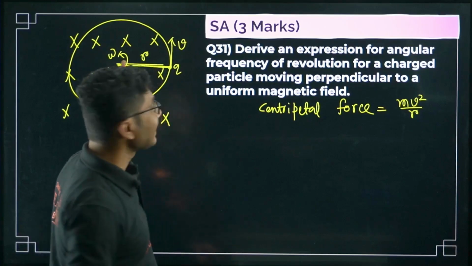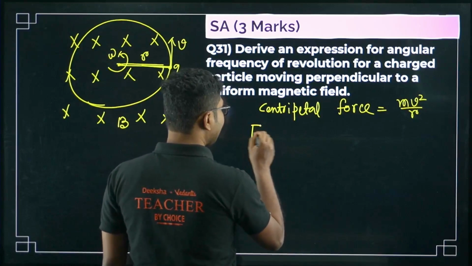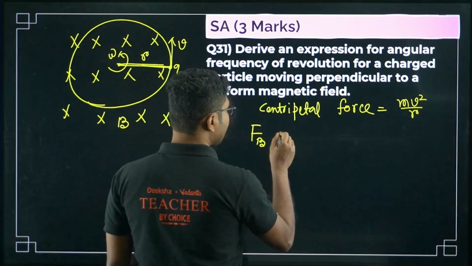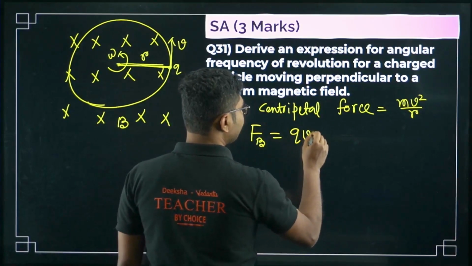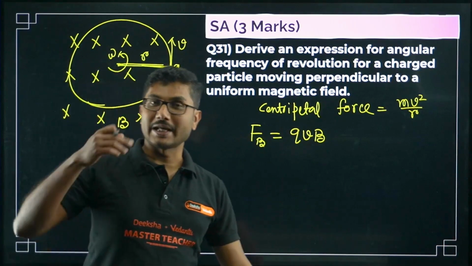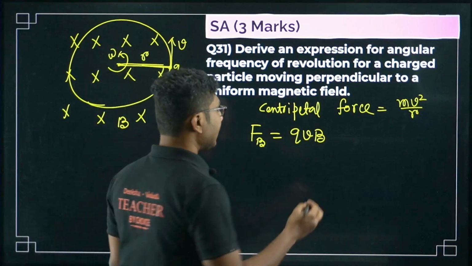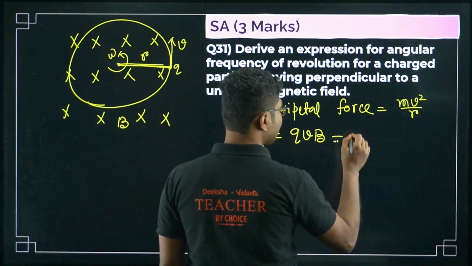Now in this case, this force is provided by the magnetic component of the Lorentz force, that is qvB sin theta, but they are perpendicular, so sin 90 is 1. So qvB is the required force. So the centripetal force and this force must be equal.